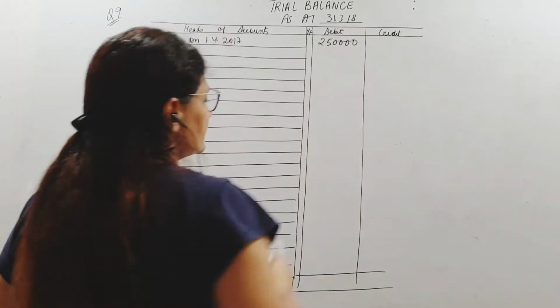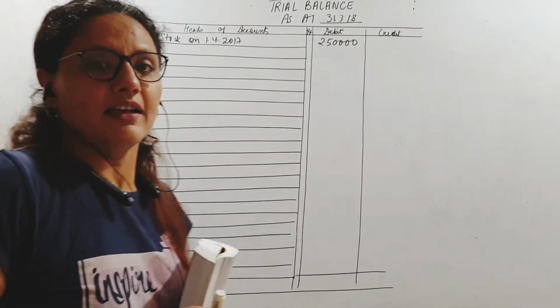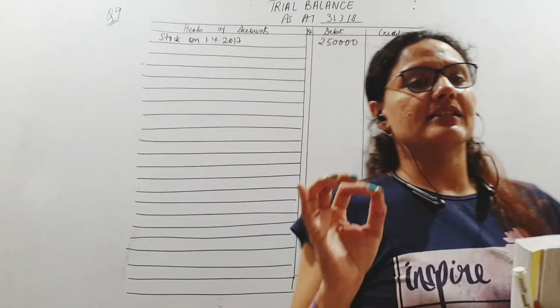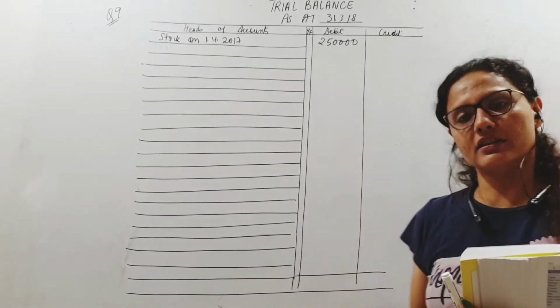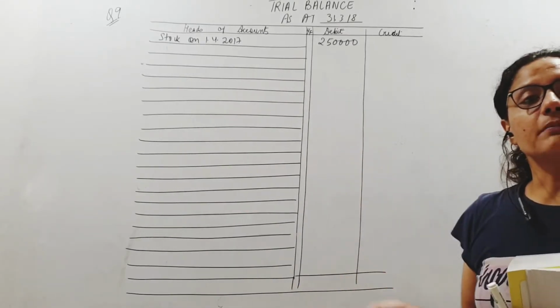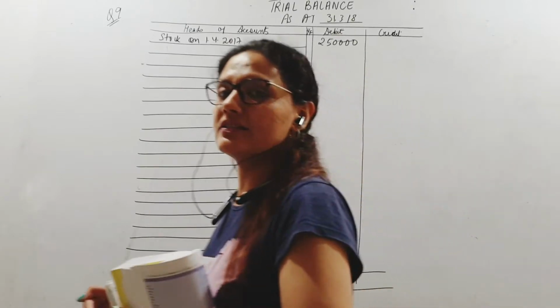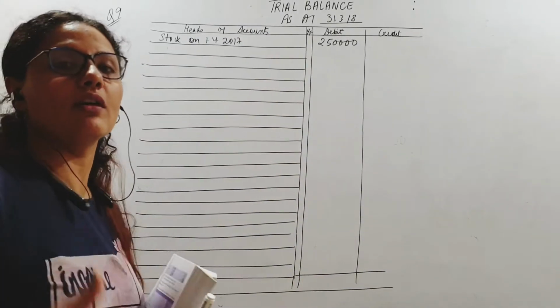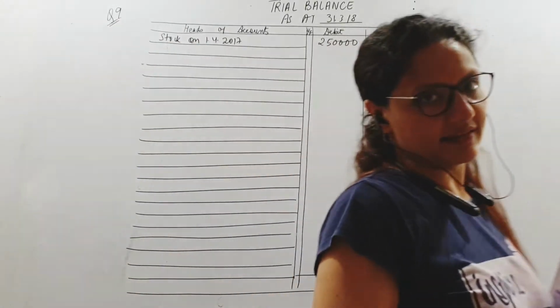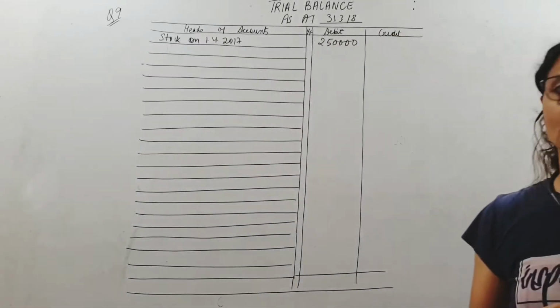Just to reiterate, the rule is: put all the expenses and asset balances in the debit, because they all have a debit balance. And what about liabilities and income? Yes, they will find a place in the credit column because they all have a credit balance. Is that okay?